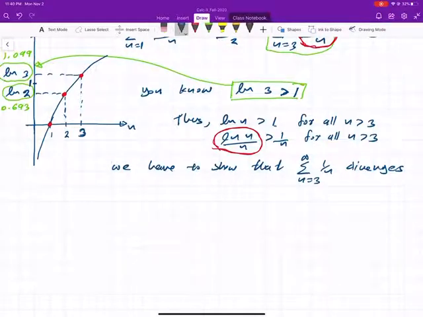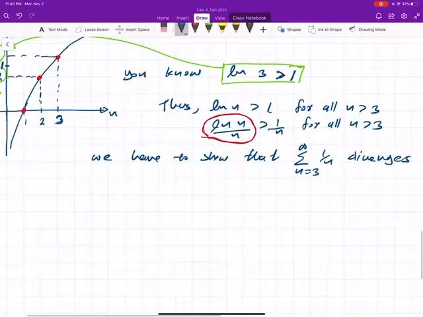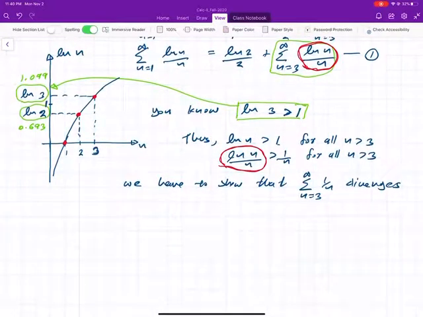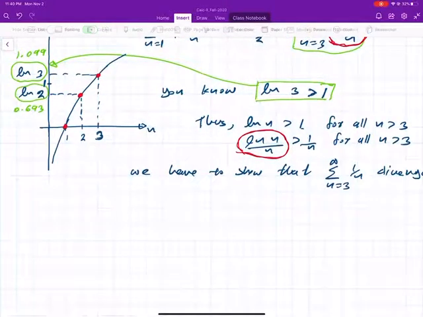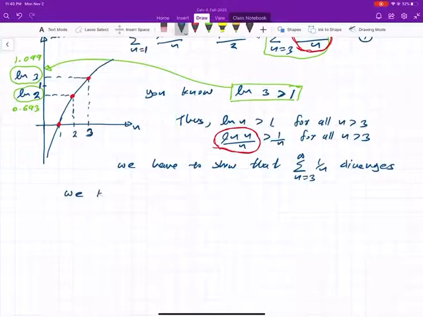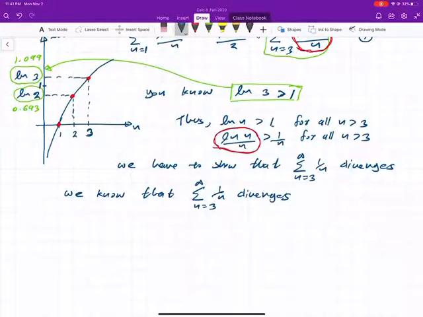We know that the sum from n equals 3 to infinity of 1 over n diverges, since it is a P series with P equals 1.